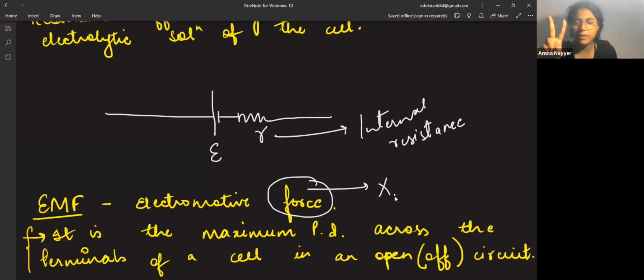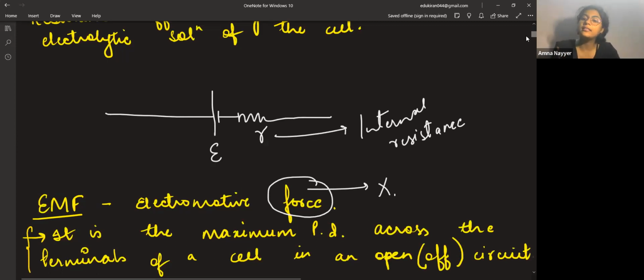See, two terms are present: terminal potential difference and electromotive force. That is the EMF of the cell. When the circuit is an open circuit, then whatever potential difference is there, that is the EMF. Or you can say whatever potential difference is being exerted around the internal resistor, that is electromotive force.